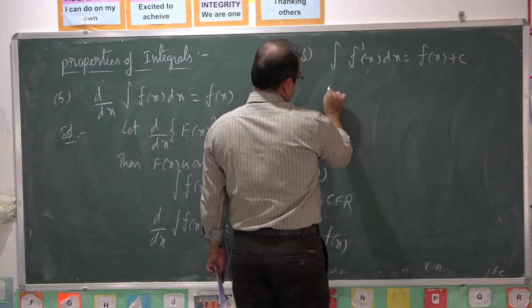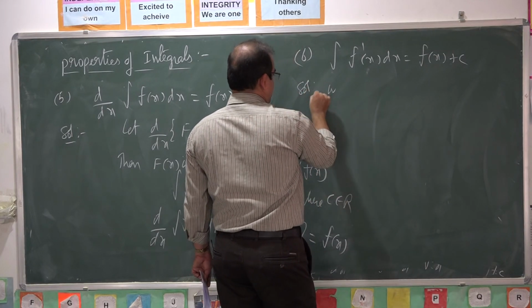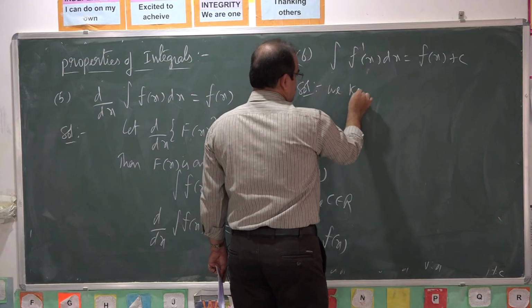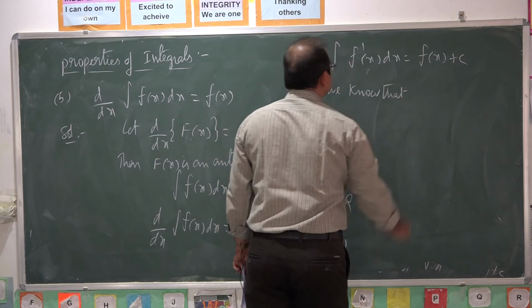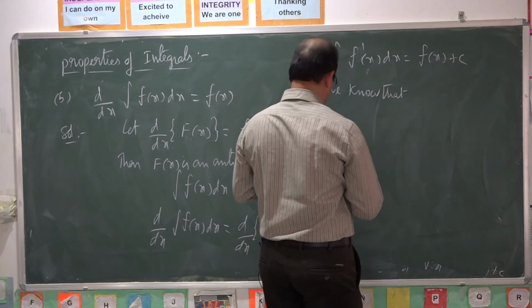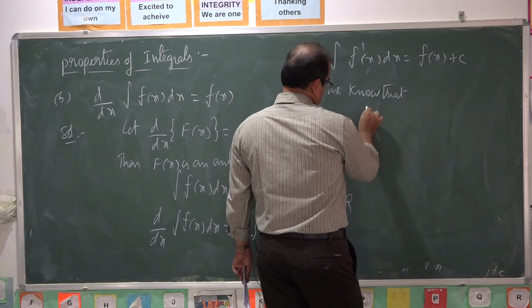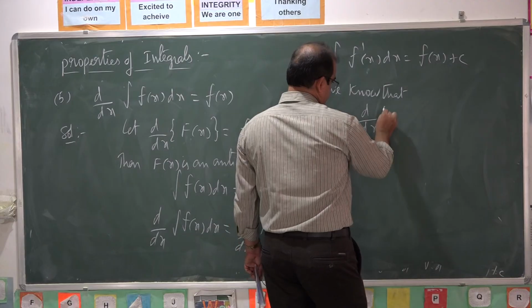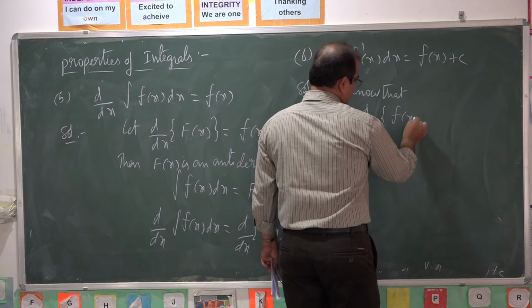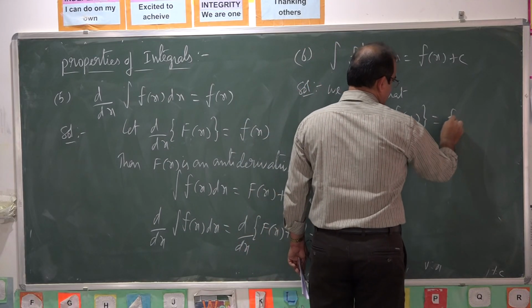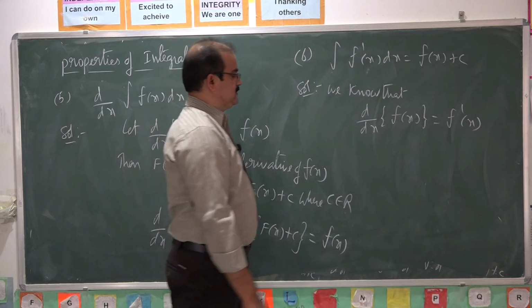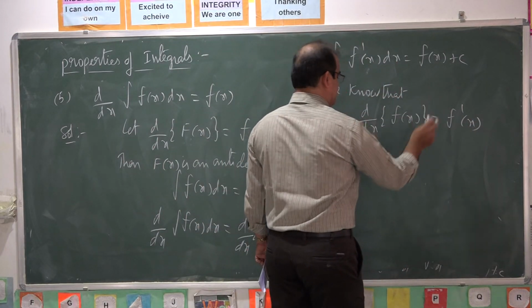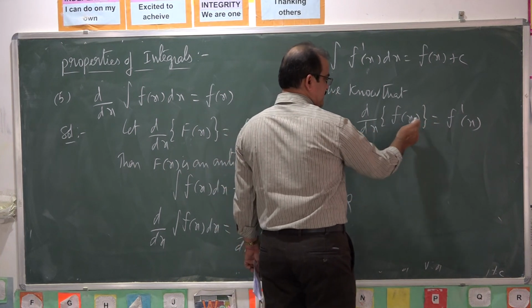We know that d by dx of f of x is f dash x. F dash x means derivative of f of x, d by dx of f of x.